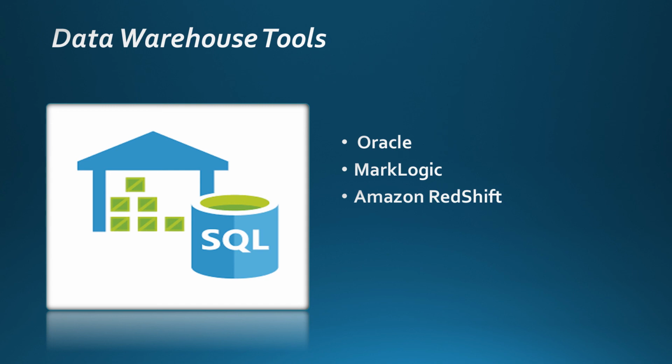Then MarkLogic is used for data warehouse solutions that make data integration easier and faster using an array of enterprise features. These tools help to perform very complex search operations. Then Amazon Redshift. It's a simple and cost-effective tool to analyze all types of data using standard SQL and existing BI tools.